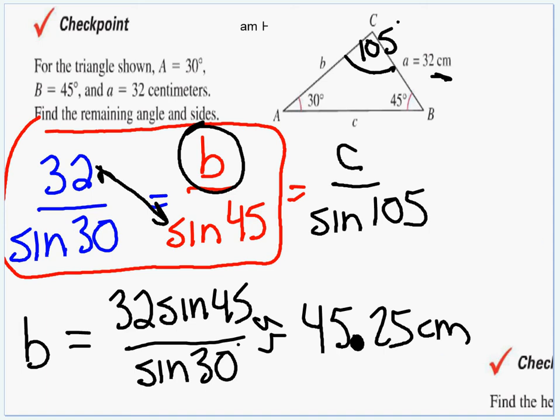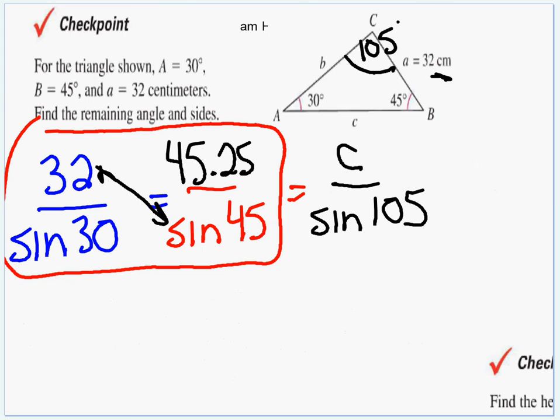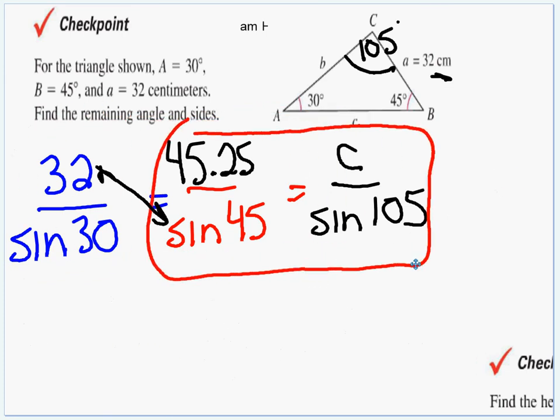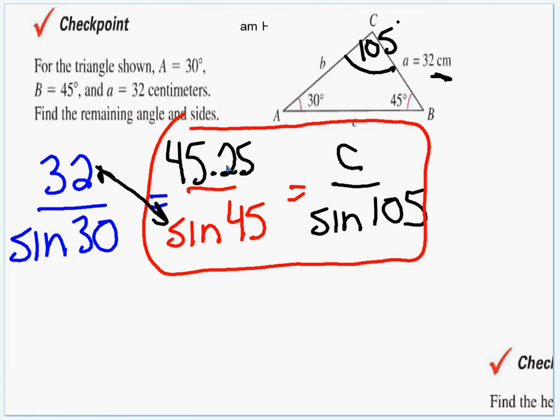So now if I want to, I can take this B out, and I can replace it with that 45.25. Now what I could do to find missing side C, I could slide this box over here and cross multiply with the value we just found, although it might be better to always use the given stuff that we started with.